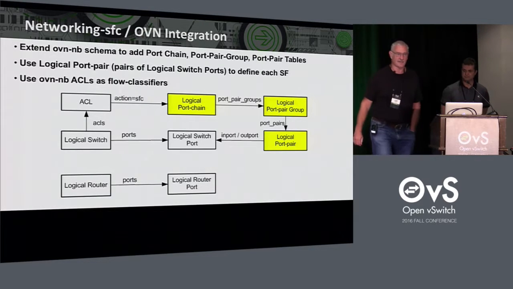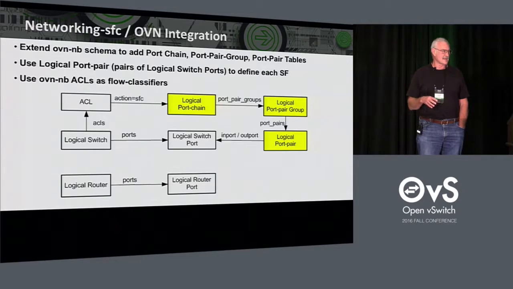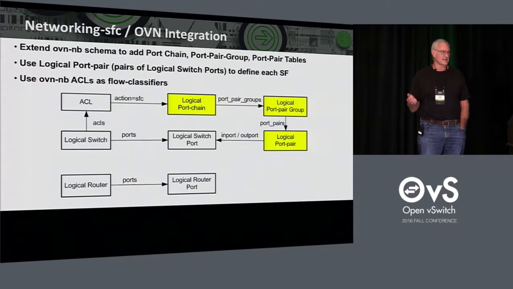What we were thinking is how we would take what we'd done within OpenStack and map this into OVN. We took those resources and mapped them onto tables that we would add into the OVN northbound database. You've probably seen a similar diagram with the existing logical switches, logical routers, and logical switch ports.